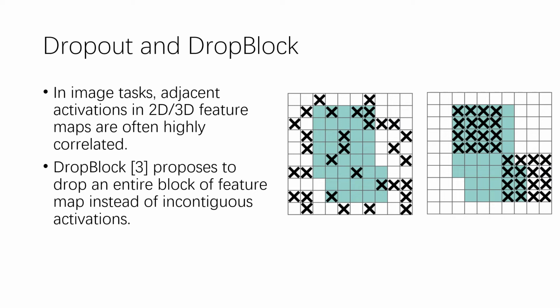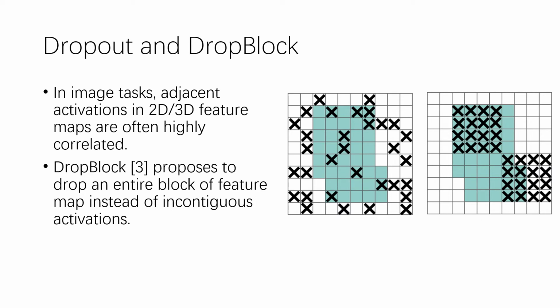Like if we have a pixel at location 2, 2 with color yellow, its neighbors are very likely to be yellow. So this phenomenon means that we can't simply drop discrete pixels, because the information dropped out will still be maintained by its neighbors.